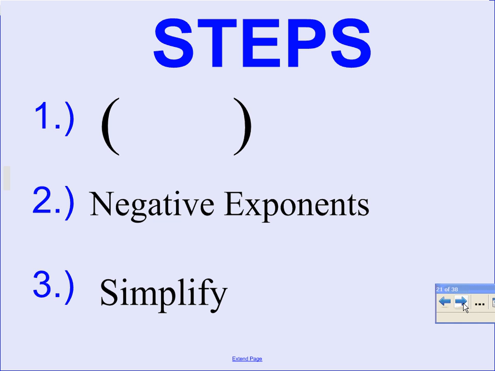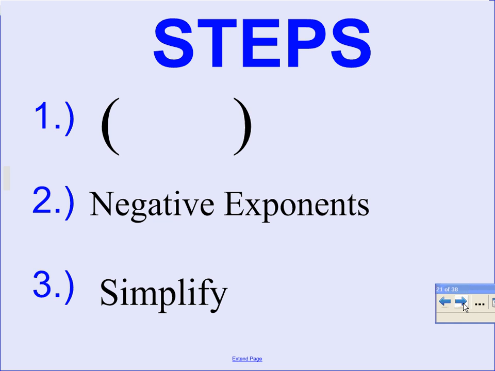What are these steps used for? These are the steps that I told you a couple months ago are used as an order of operations for exponents. So this is our order of operations for exponents. The first thing you always need to do is simplify what is in the parentheses or get rid of the parentheses.